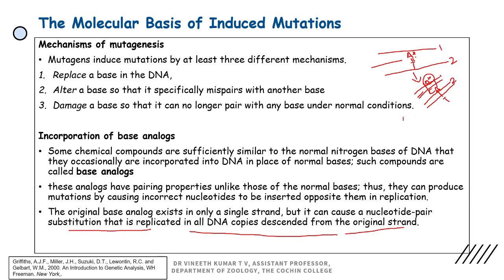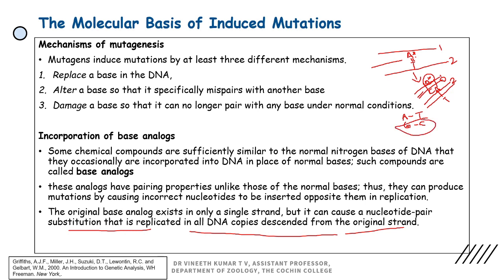Naturally, the base pairing in that position was an AT pairing, and because of the incorporation of the base analog, from now on in all the generations that will arise from this particular DNA strand, the base pairing will be changed in this position to GC, and that is a mutation.